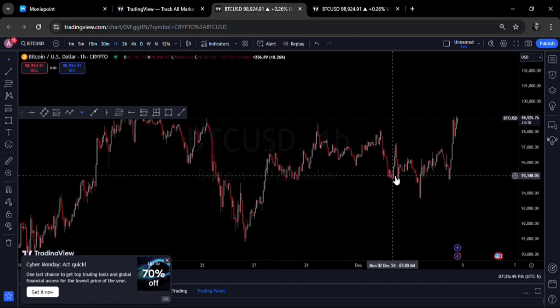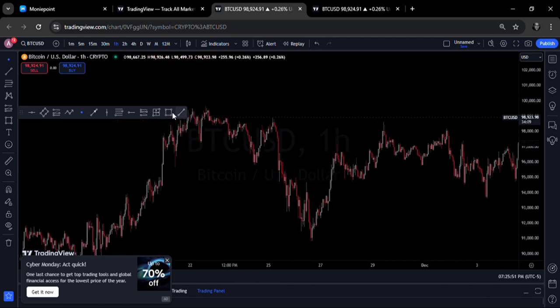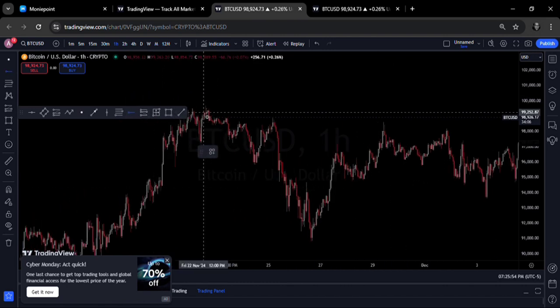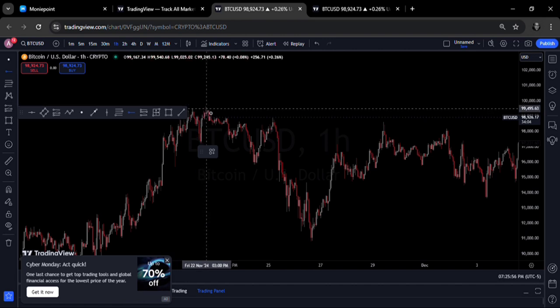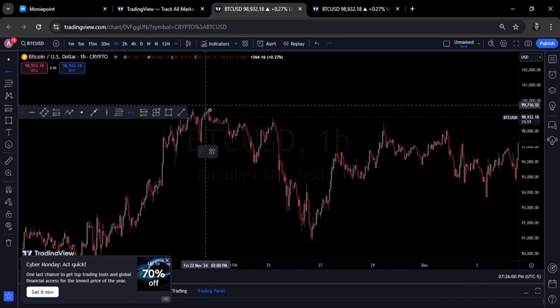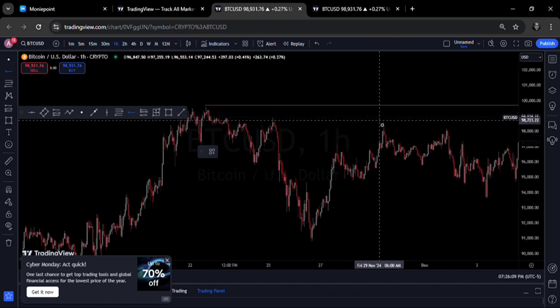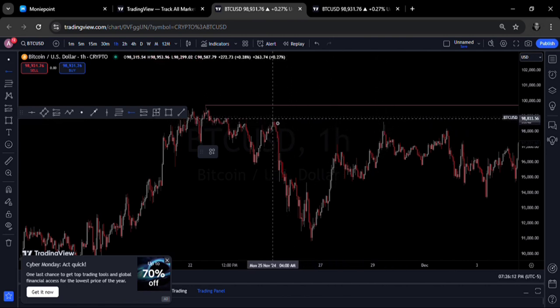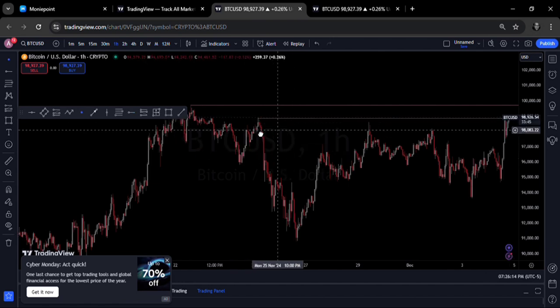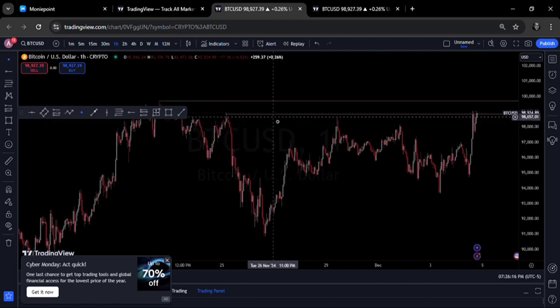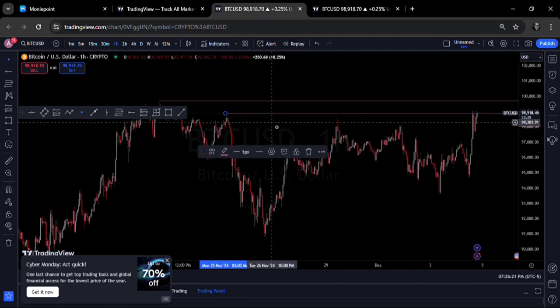So the first thing, as we look at the chart, what we are seeing here is a liquidity sweep. This high sweep, this is our strong high. So I marked my strong high as I saw it, and I marked this liquidity right here and right here, which are a double top, which we call equal highs. They are equal highs, a liquidity void where price may likely come and sweep. So I marked them. That's the first thing I marked.